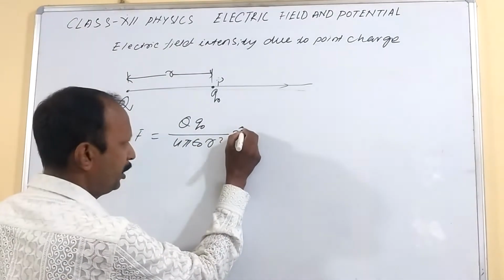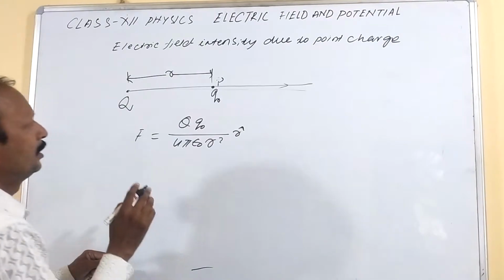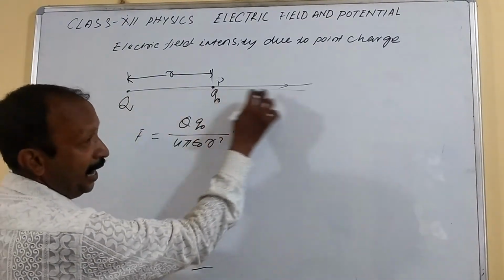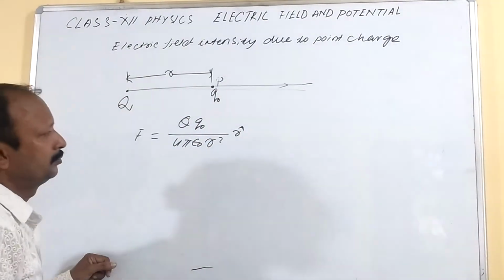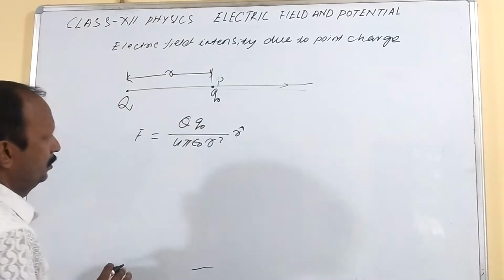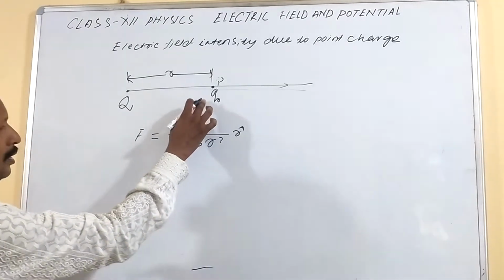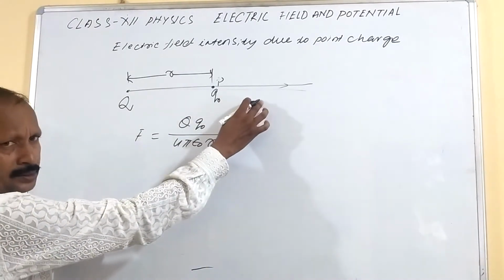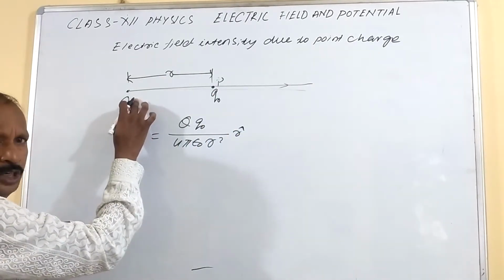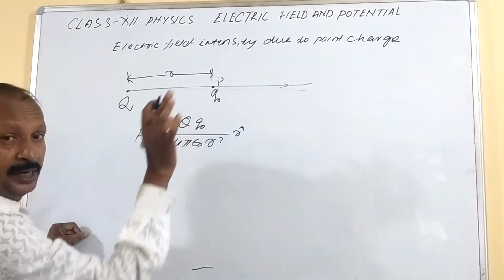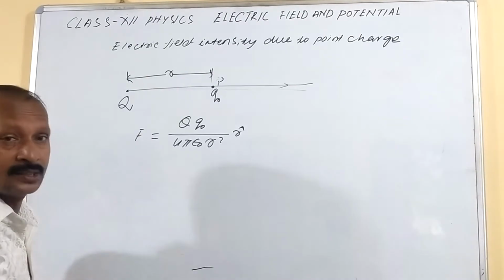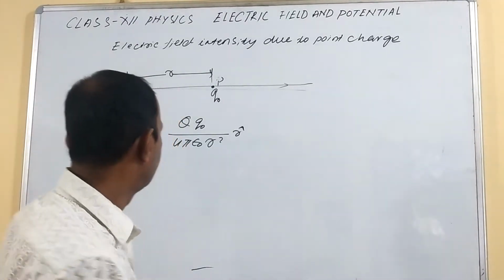This is the unit vector along this line and the direction is outwards if Q is positive, and inward if Q is negative.